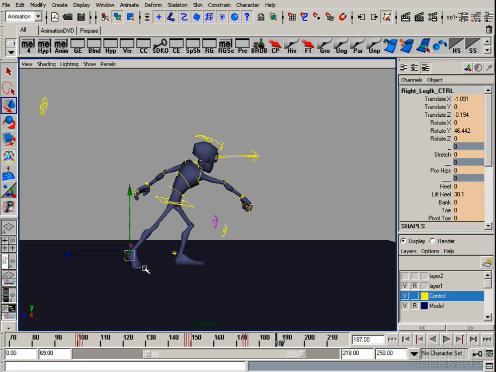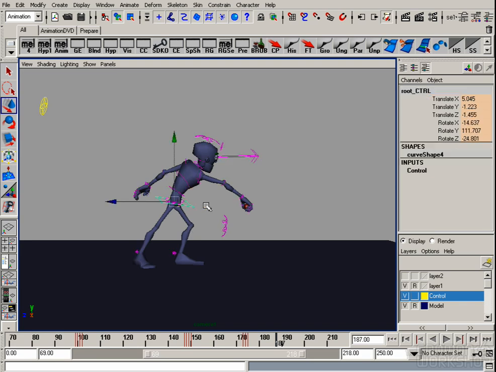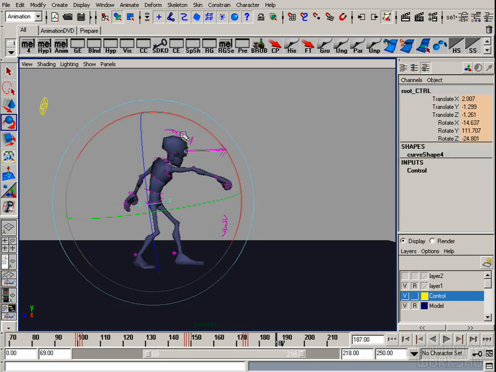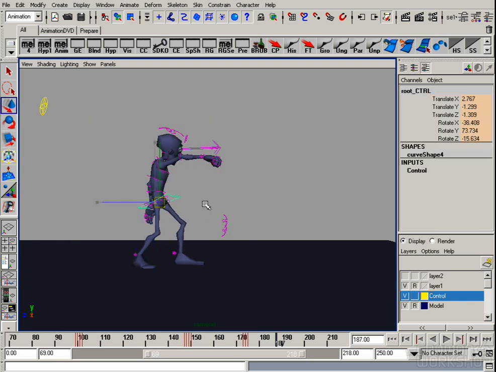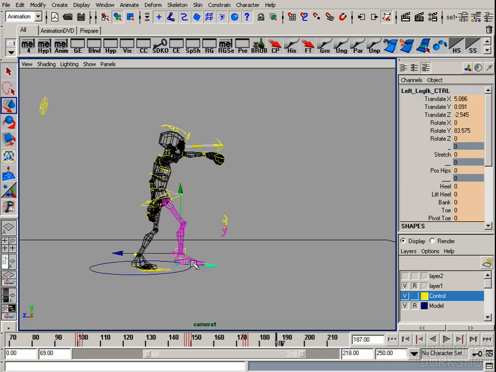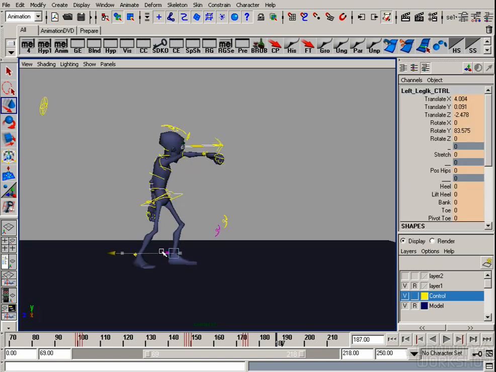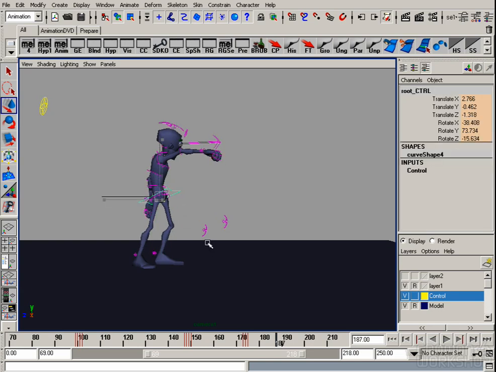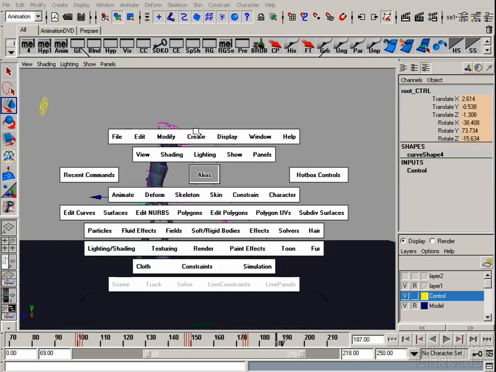So now just move and translate the controllers again. Zero that out. Move the hip first. Then maybe the legs, the upper body, the arms, the head. Try to hit the pose.